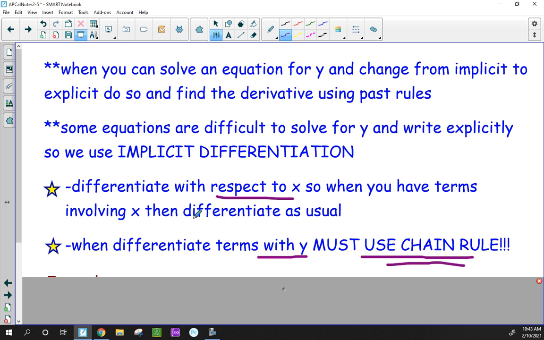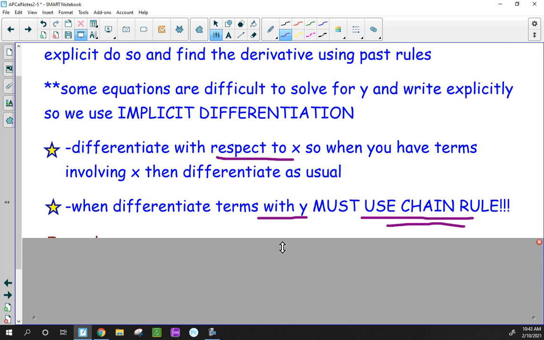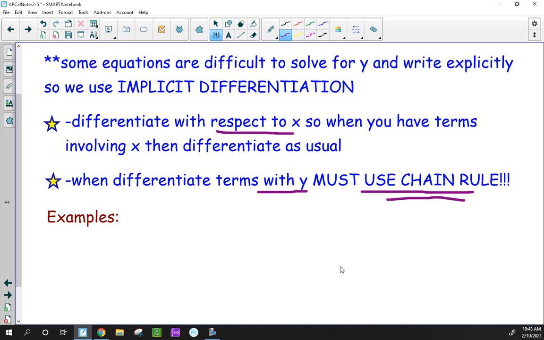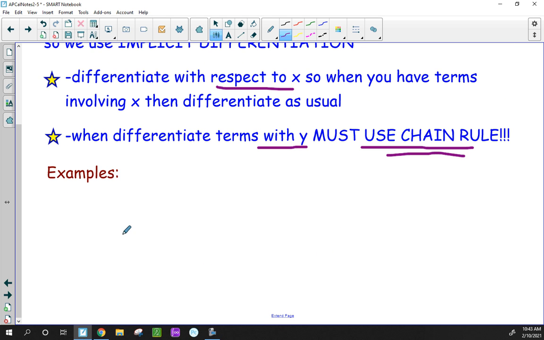But if the problem says differentiate with respect to x, and they throw in a different letter on you, then you must use the chain rule. Okay? Alright, so let me show you what I'm referring to with that last statement.